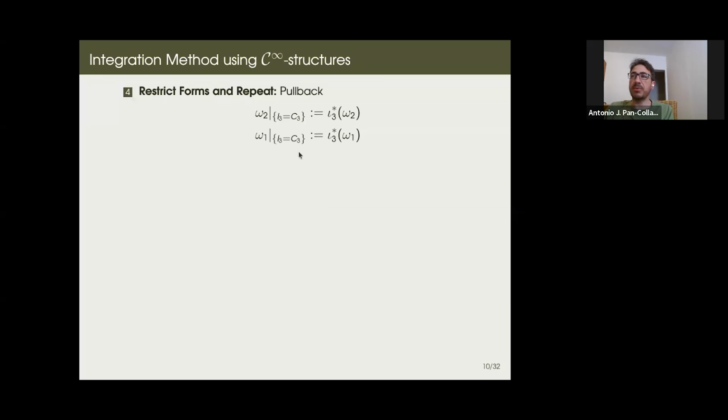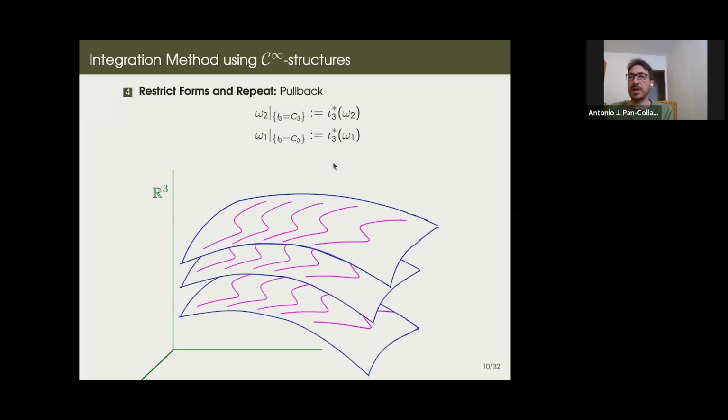Now we restrict the remaining one forms to the level set I3 equals C3 by pulling back with this parameterization iota3. You can think of this as if we are going inside the particular leaf that we have chosen with C3. So now we are in the same setup as at the beginning, but with one dimension less.